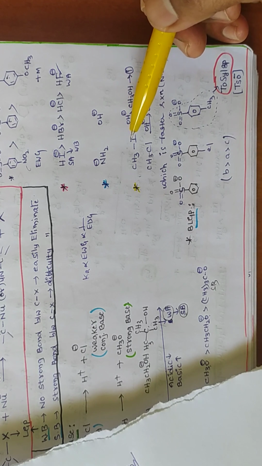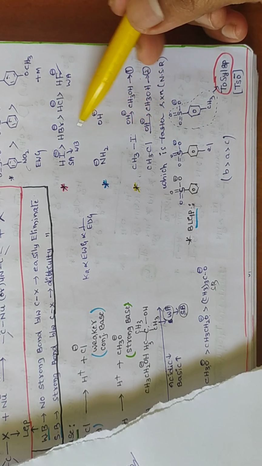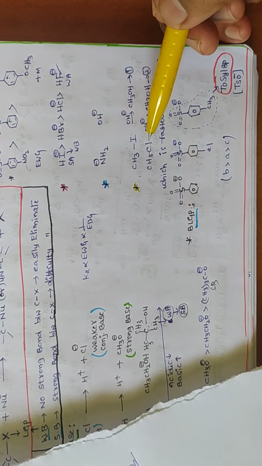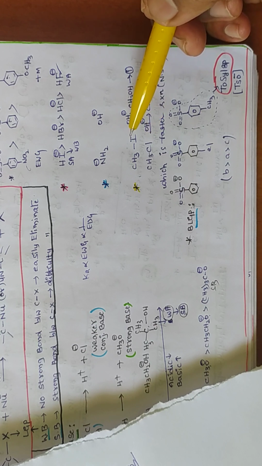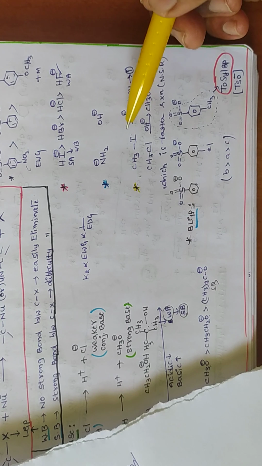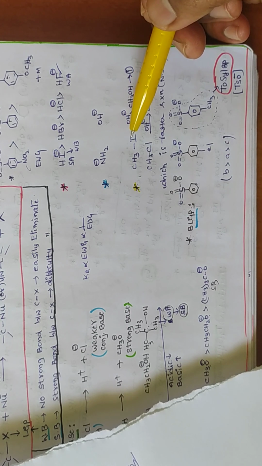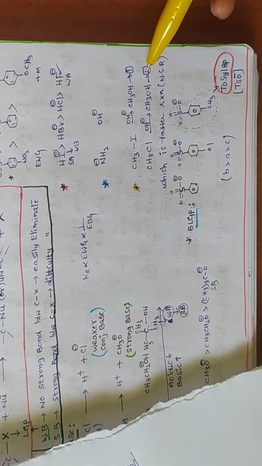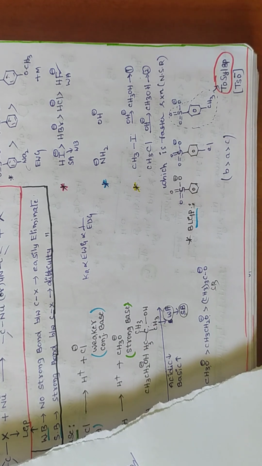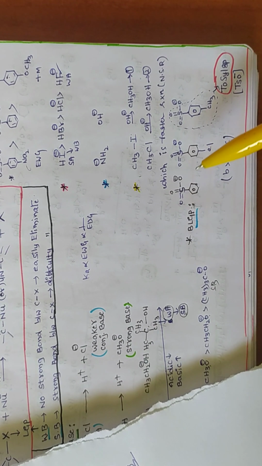Which is the best leaving group? Already we discussed, iodine is a better leaving group than Cl minus. The better the leaving group, the more the nucleophilic substitution reaction. So therefore one is faster than the second one.